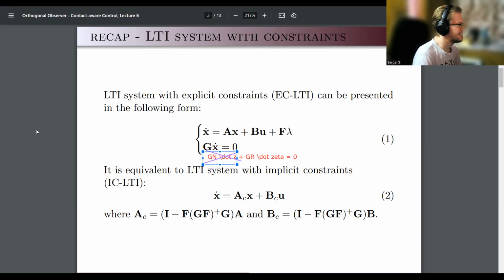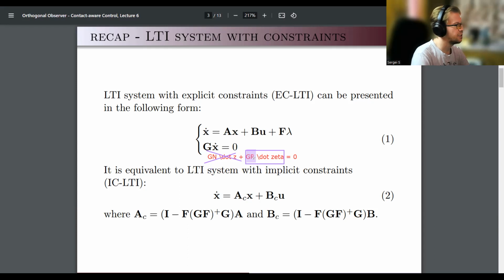But by the same series of definitions, this will never be 0 unless zeta dot is 0. All right? Because R is in the row space of G, this matrix G R does not have a null space.